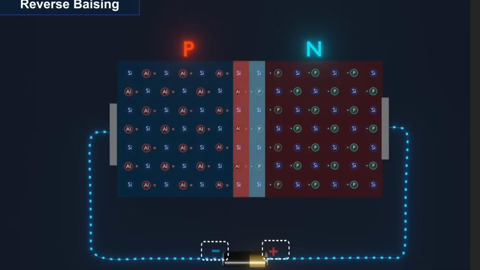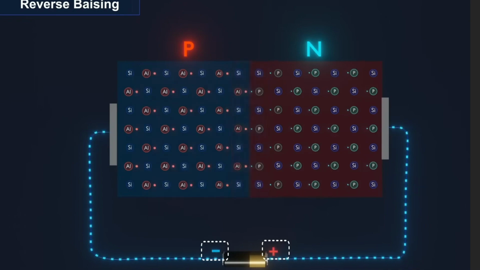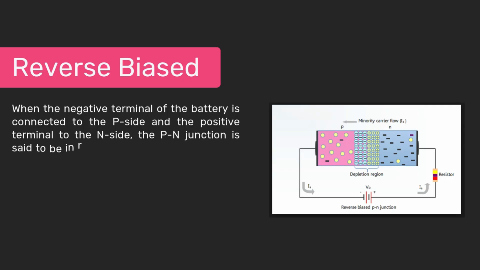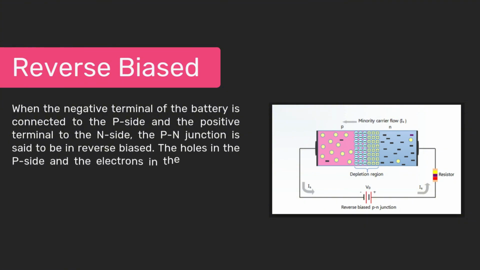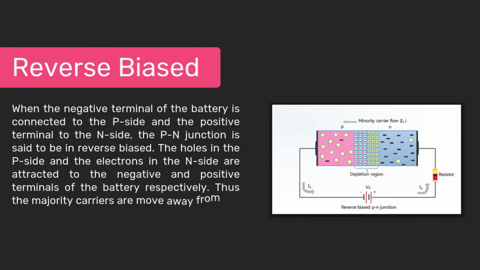When the negative terminal of the battery is connected to the P side and the positive terminal to the N side, the PN junction is said to be reverse biased. The holes in the P side and the electrons in the N side are attracted to the negative and positive terminals of the battery respectively.